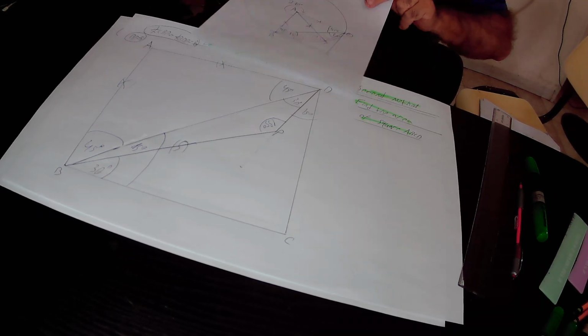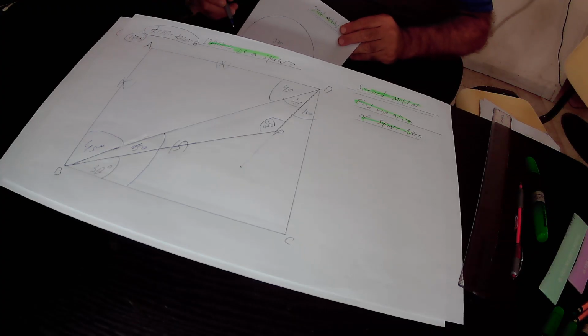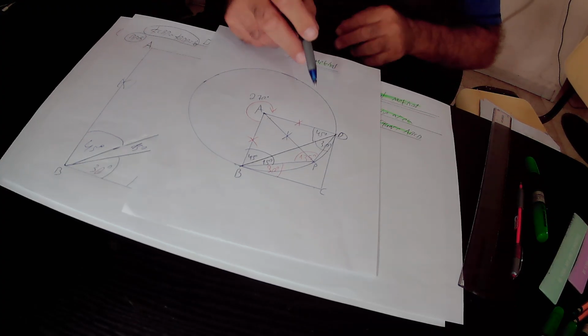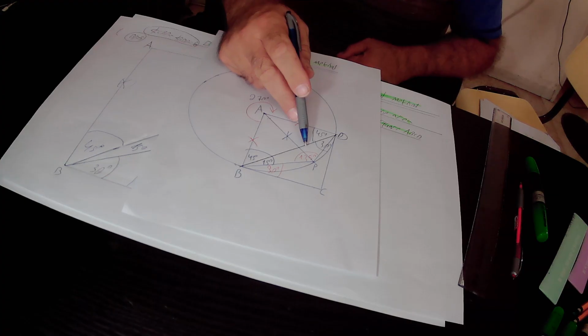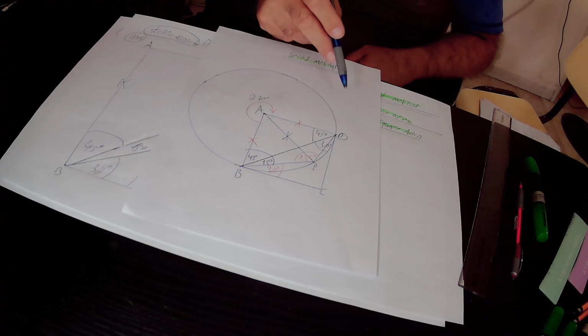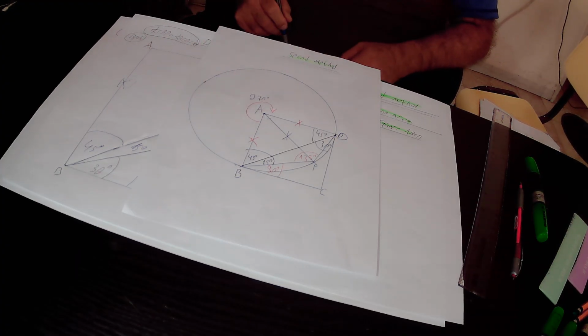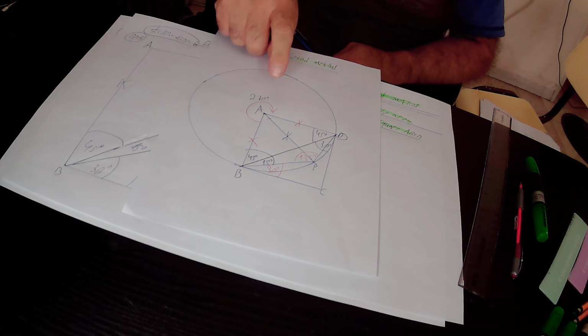We already found out that angle DPB equals 135 degrees in its size. This is angle DPB that equals 135 degrees in its size. This is center angle DAB. What is the size of this center angle DAB?